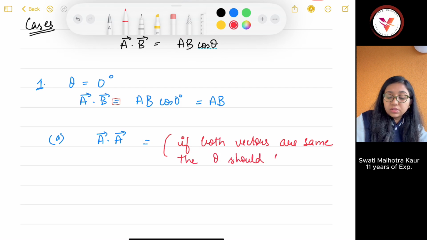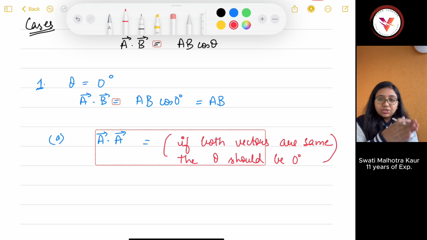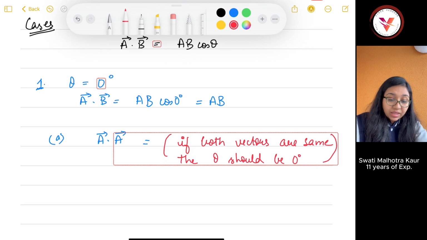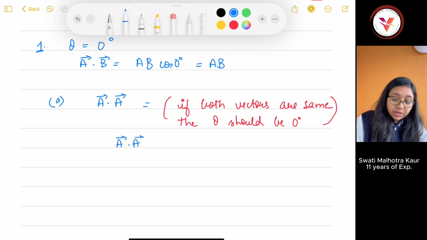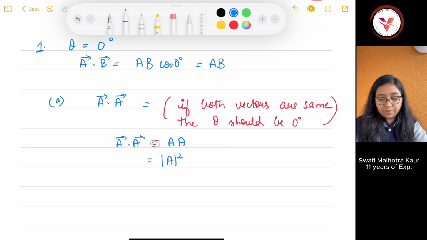Why? Because if they are the same vectors, they should be parallel to each other. This is A vector, this should be A vector. The direction should be the same. So if the direction is the same, then theta should be 0 degree. And then your A dot A can be written as magnitude of A squared. So if you have two same vectors, you can simply square the magnitude.